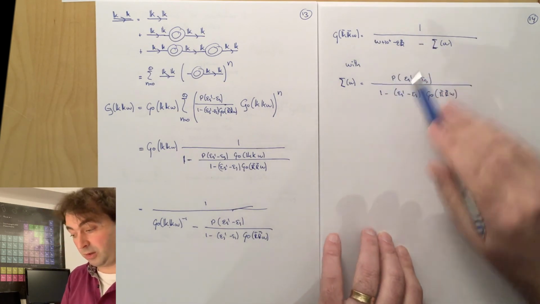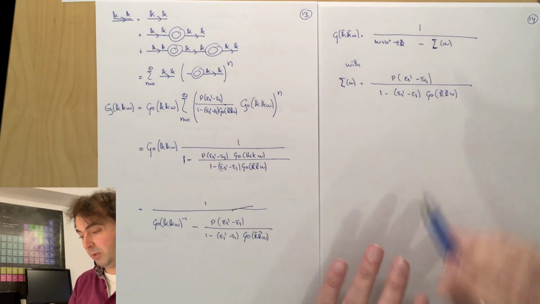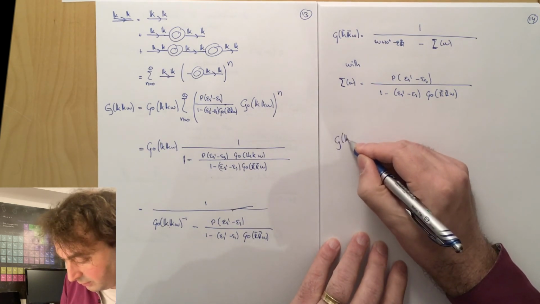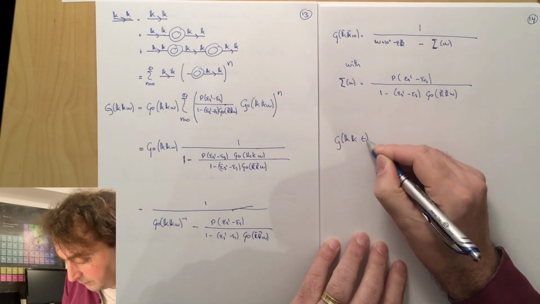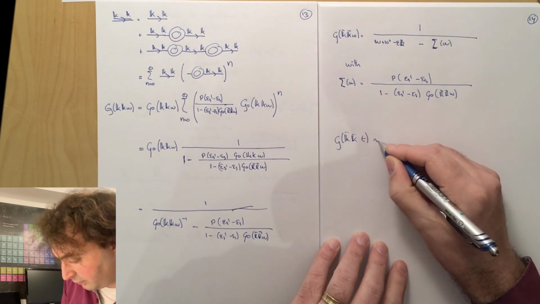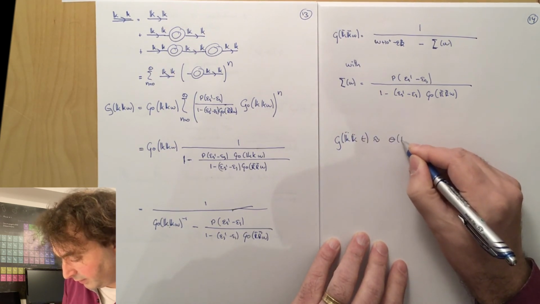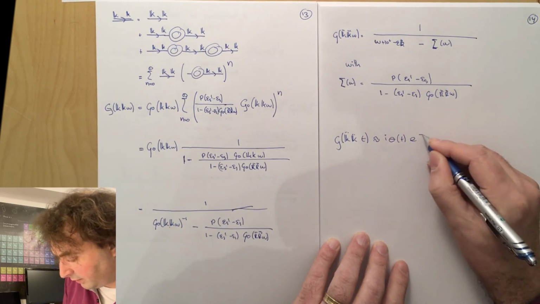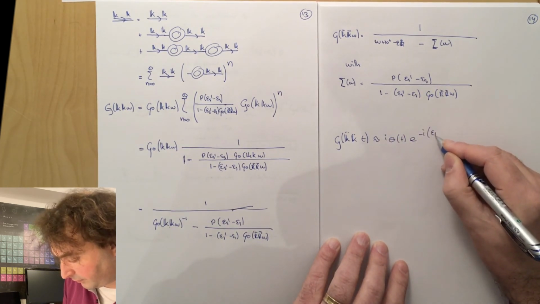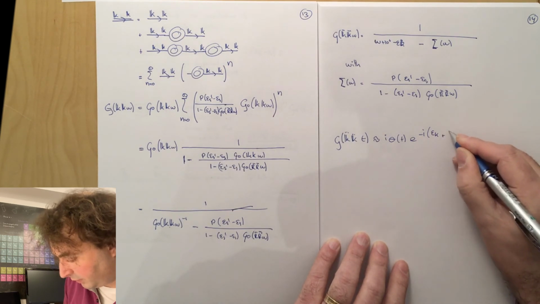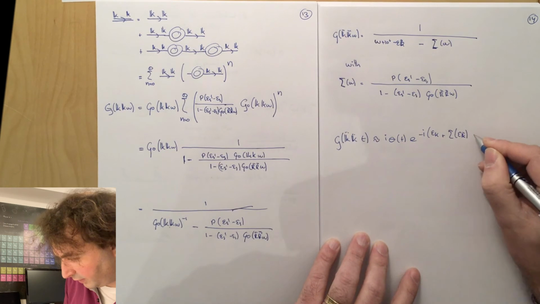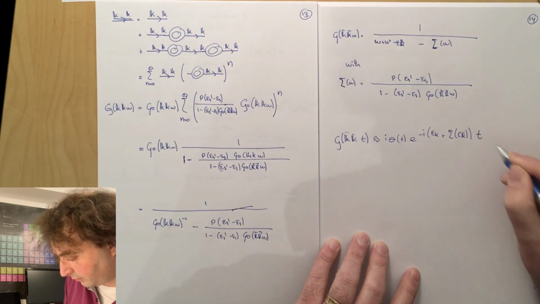And then this, in principle, complex function becomes a Lorentzian again, such that our Green's function in the time domain is then roughly given by delta t times the complex i e to the minus i epsilon k plus the self-energy of epsilon k times t.